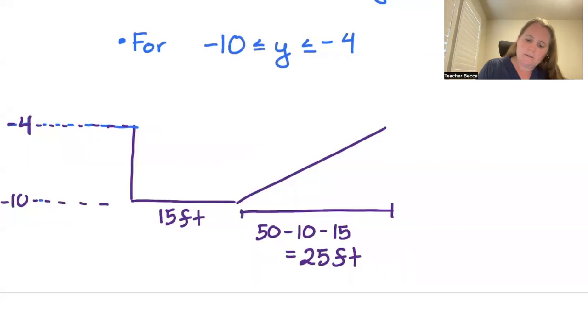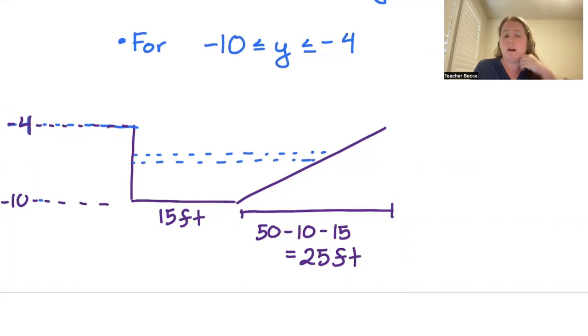So if we take a sliver here, we want to know essentially how long that sliver is. And so we're going to break it up into two pieces. So we know that we have the 15 feet component.